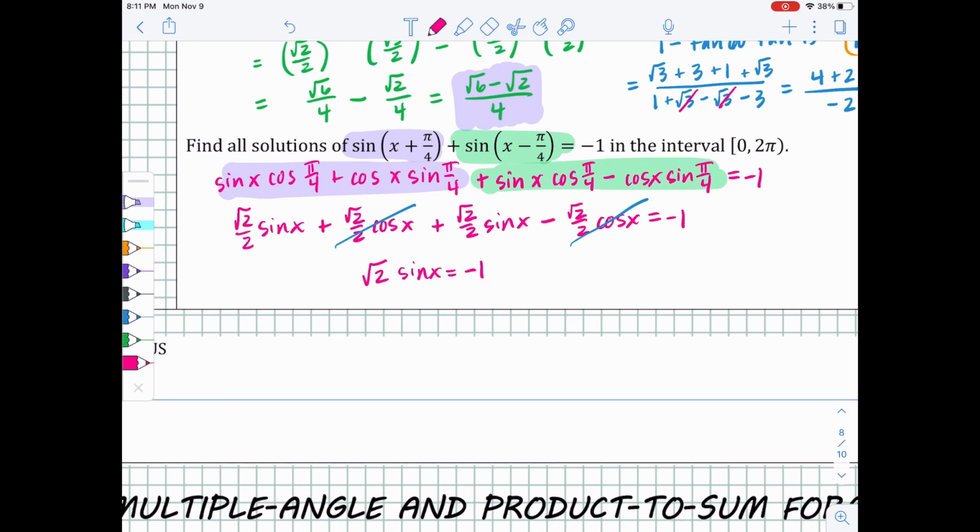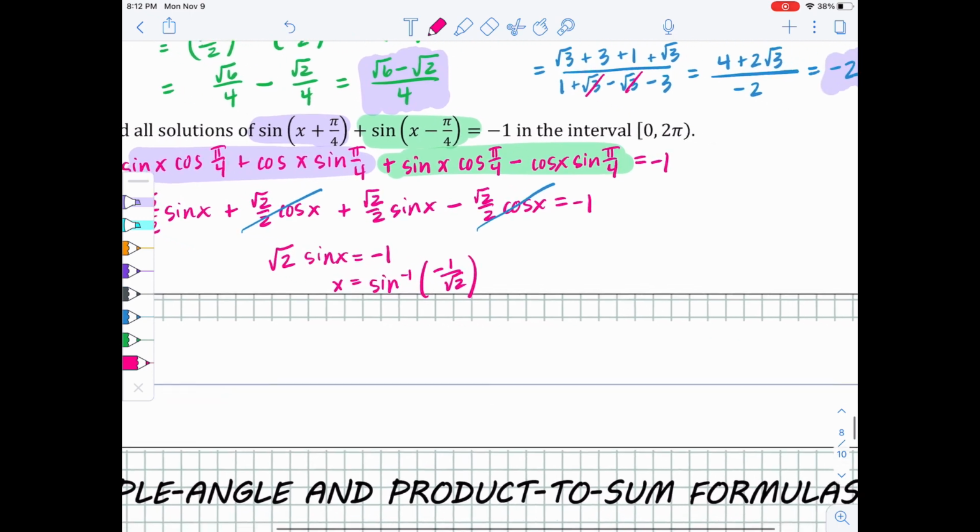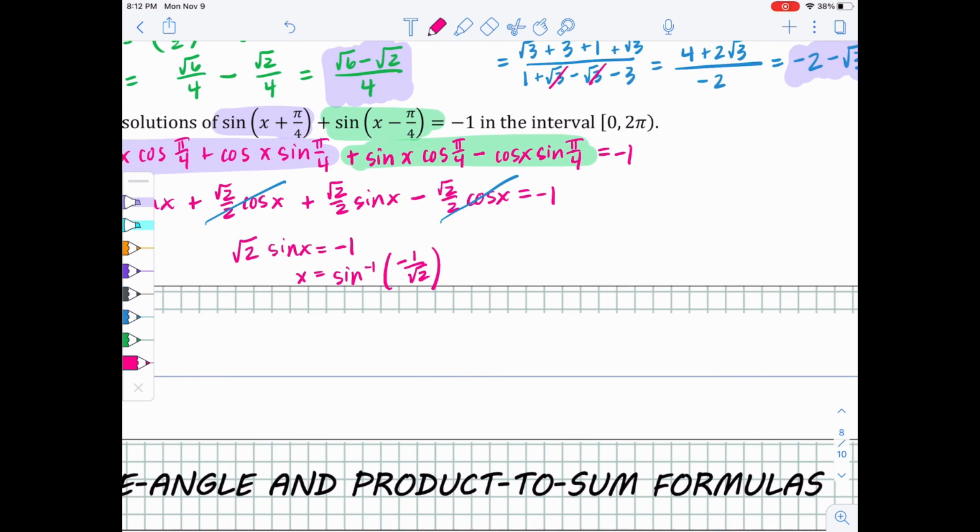When I get x by itself, I would be left with inverse sine of negative 1 over radical 2. When I try to solve that for x, I know that's got to come out of quadrant 4. So I draw a triangle in quadrant 4, and I label my opposite and my hypotenuse.